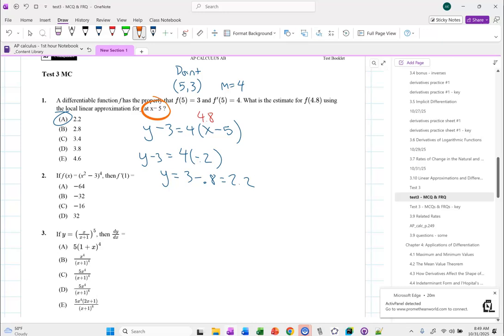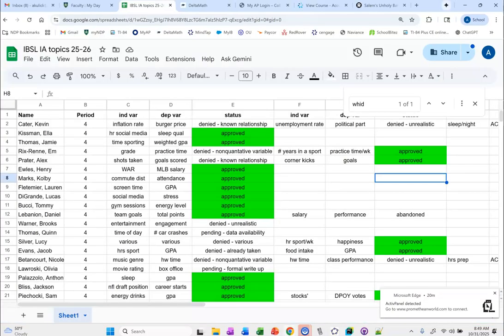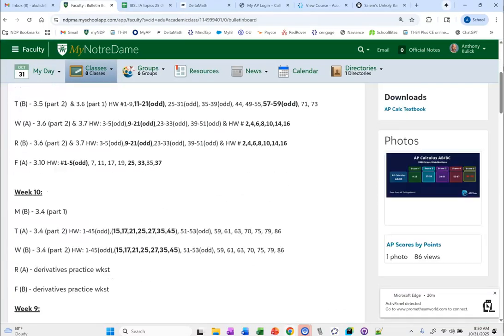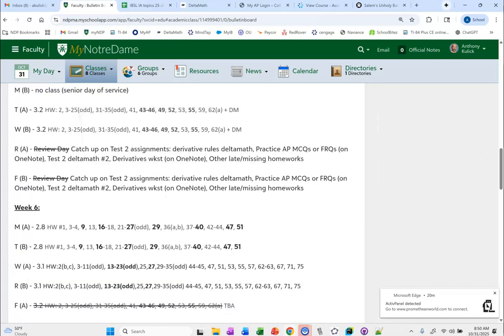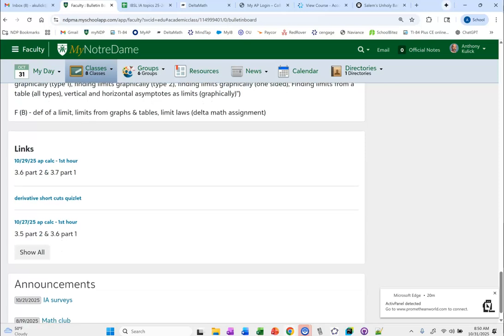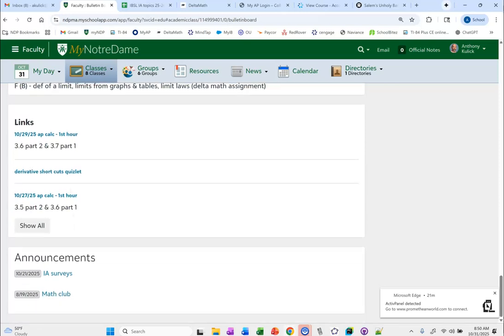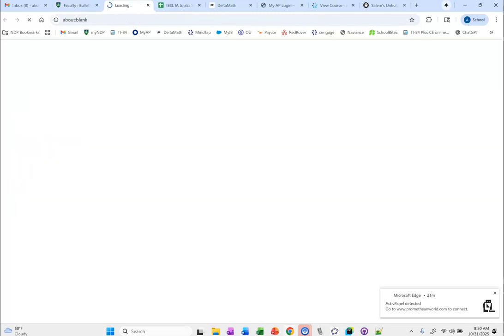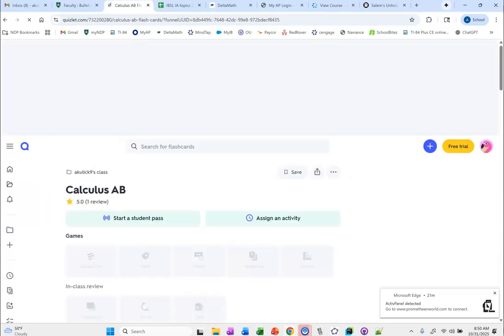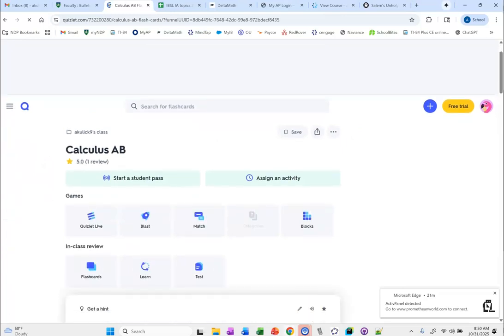And I can't remember if I mentioned it or not, but on MyNotreDame I put in the links section, I made a Quizlet for the derivative shortcuts. So that's there. Now, I apologize for the formatting.